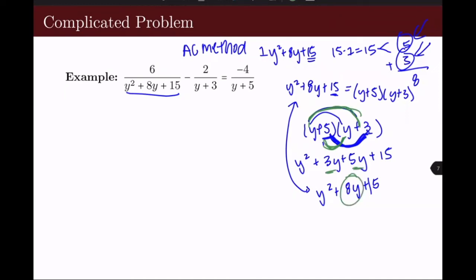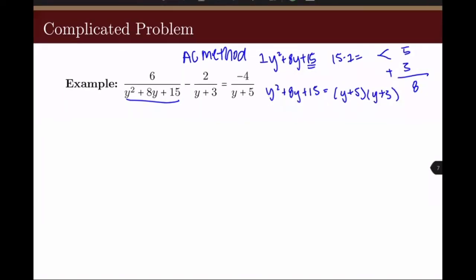So this is actually why we use the AC method, because the last two terms multiplied need to equal the last term, and the middle two terms added together need to equal this middle term. So we always want to find two numbers that multiply to 15 but add to 8. I hope that that makes sense. I'm going to erase this and move on with the problem now.